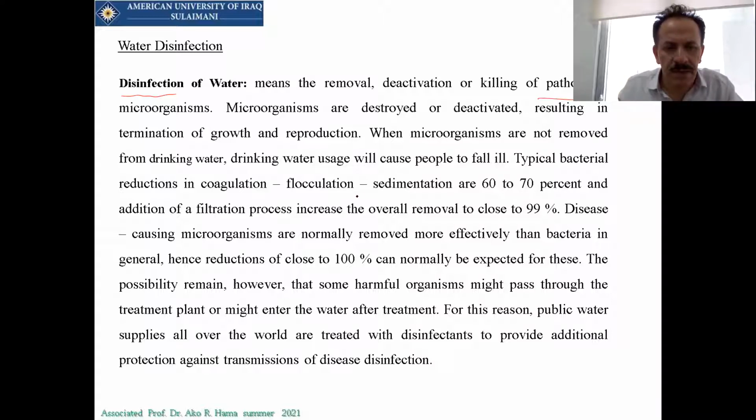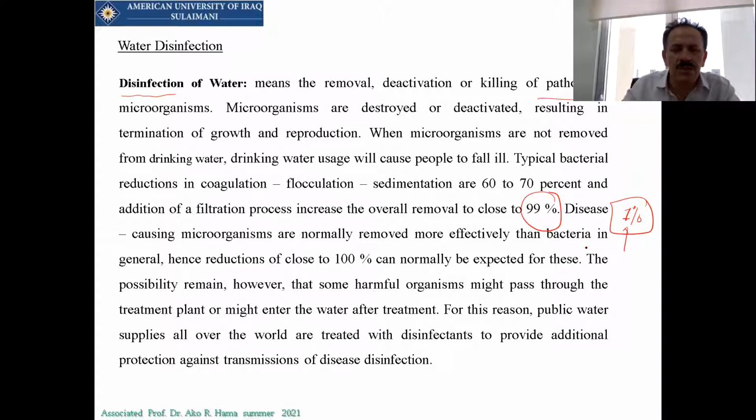Usually, we say that 99% of the water will be clean after the processes of sedimentation, flocculation, coagulation and filtration. Now, the last 1% is very important. It will be handled by destroying, or let me say, killing the bacteria, the viruses and the microorganisms.